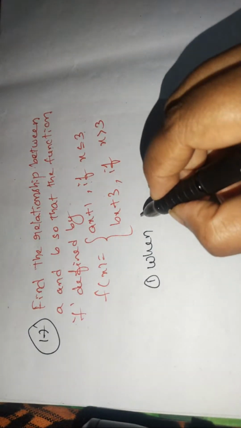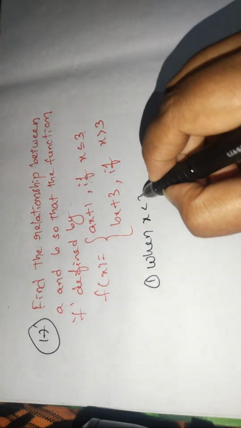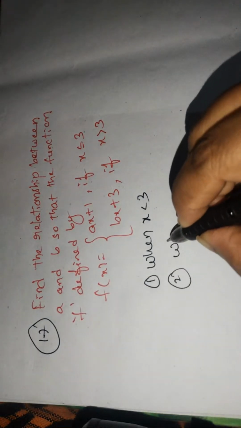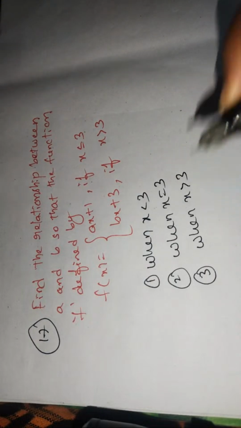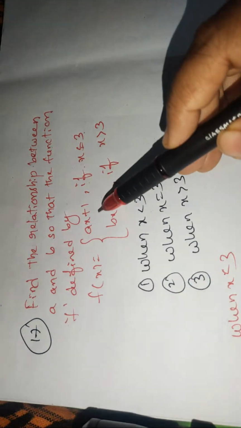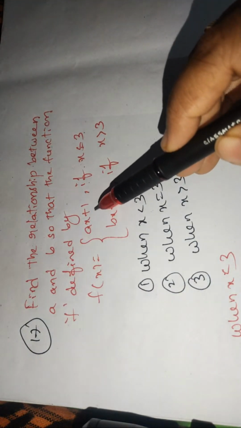I will take the case x less than 3, the case x equal to 3, and the case x greater than 3. First I will check for x less than 3. When x is less than 3, the function is ax plus 1.